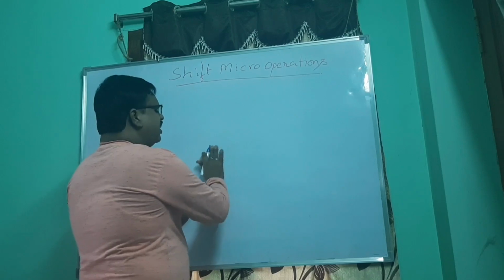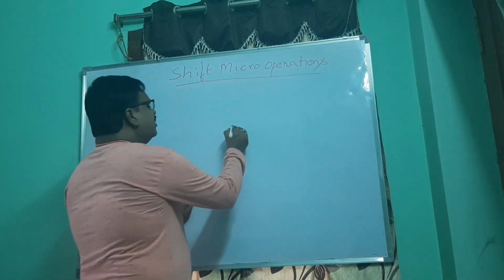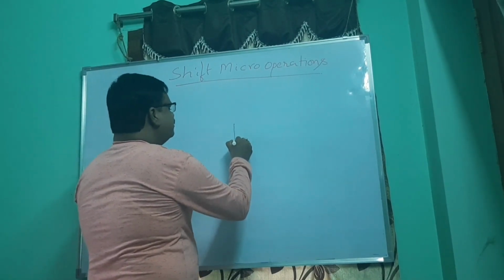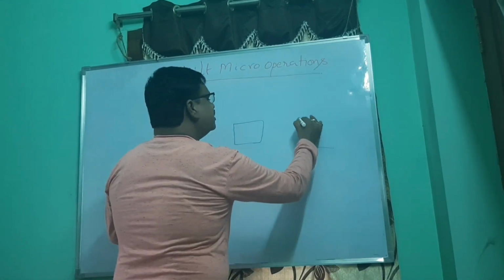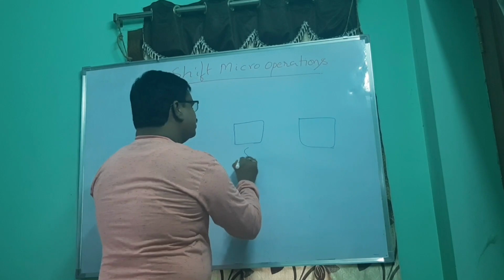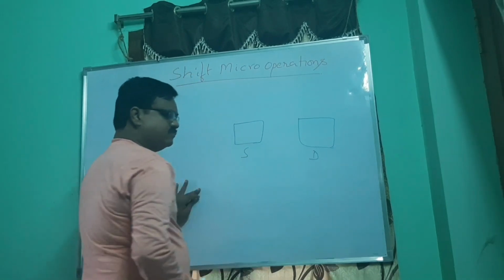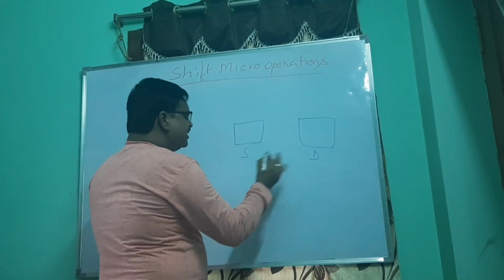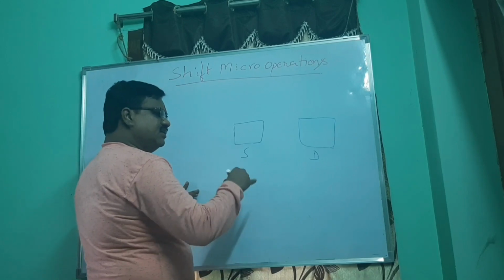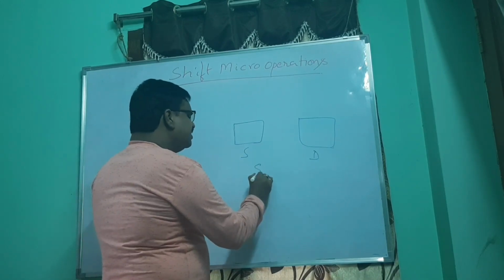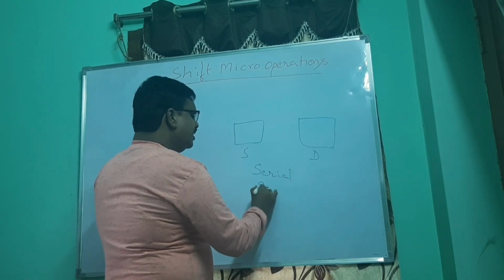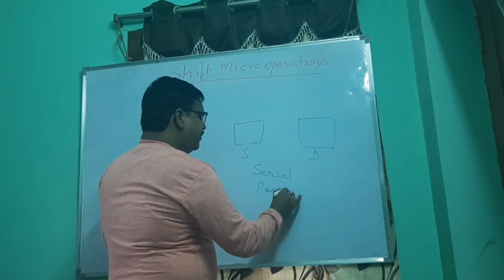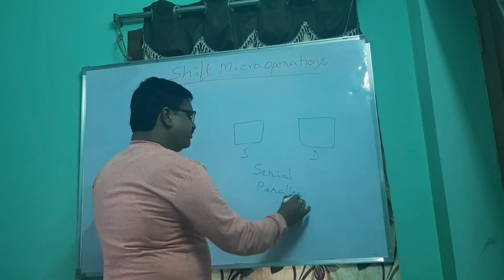As we have discussed long back, in our computer system, when we want to transfer data from source to destination, there are two ways of sending and receiving the data: serial data transfer and parallel data transfer.